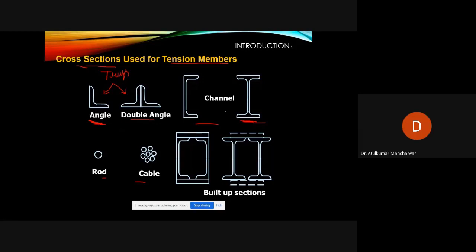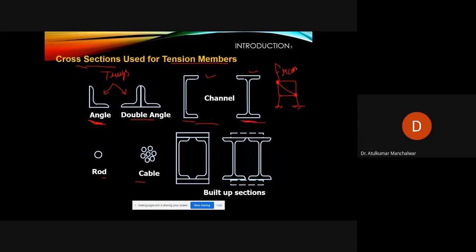Okay. For example, the channel section. The channel section is generally used if there is any building and you are connecting any tension member diagonally. In such cases these two types of member will be used depending on what type and amount of forces is available. Whatever the connection is, that will be in the frame, particularly in the frame case.